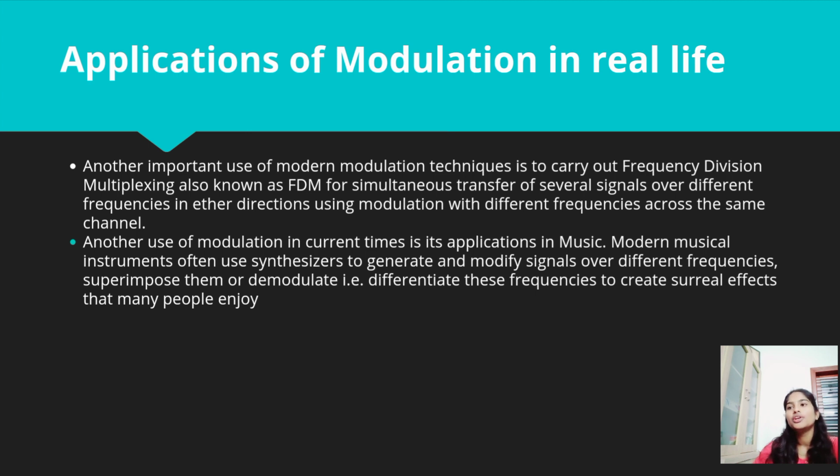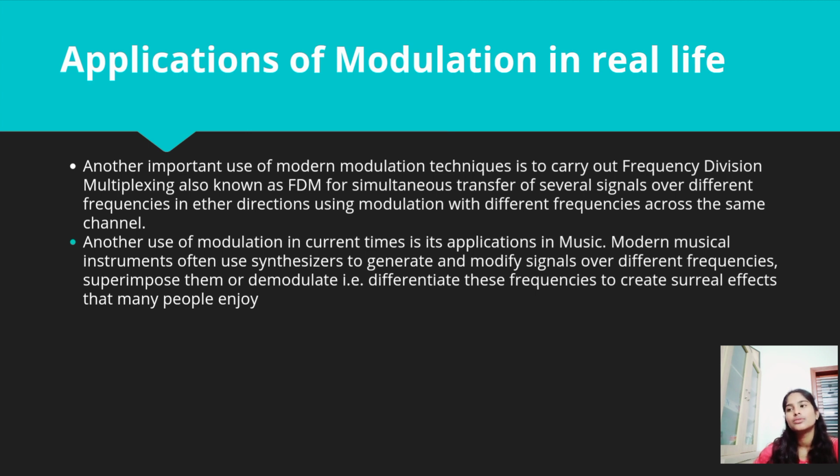Another important use of modern modulation technique is to carry out frequency division multiplexing, also known as FDM, for simultaneous transfer of several signals over different frequencies in either direction, using modulation with different frequencies across the same channel. Another use of modulation in current times is its application in music.